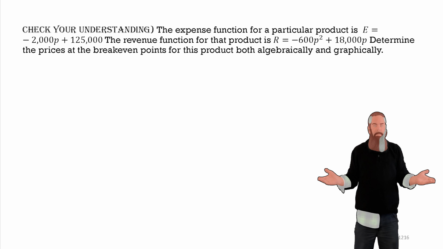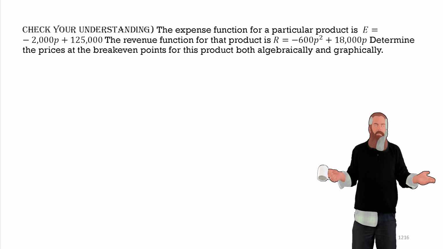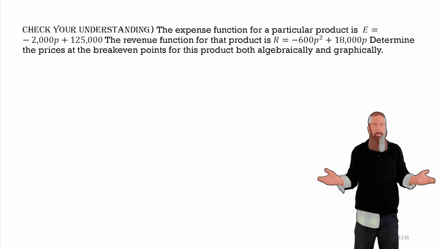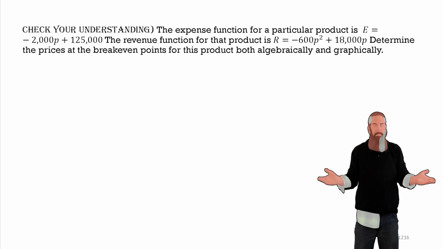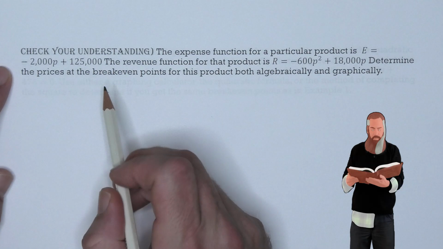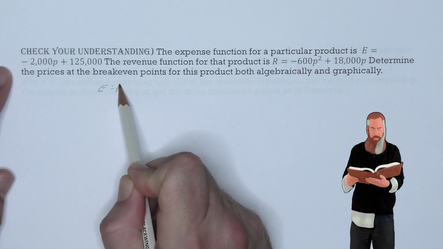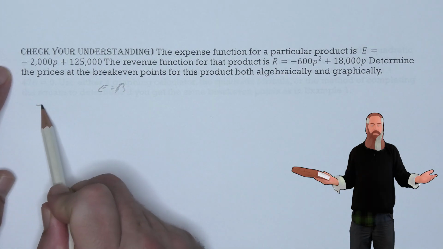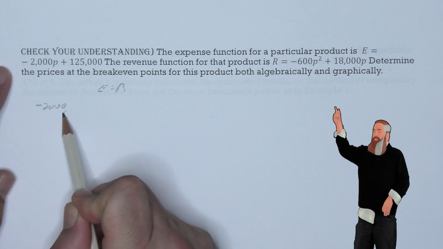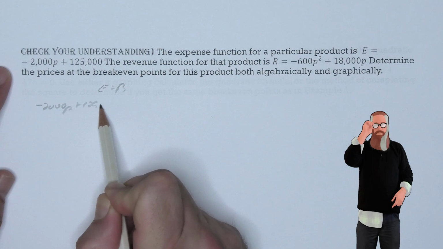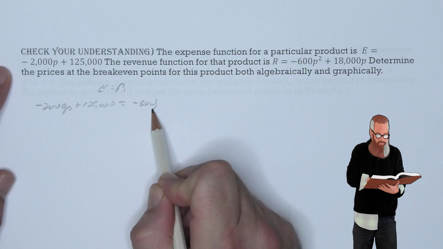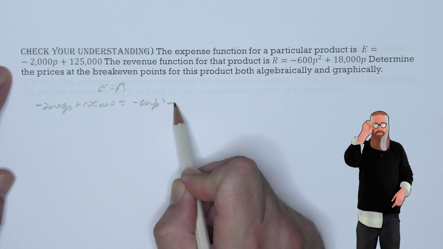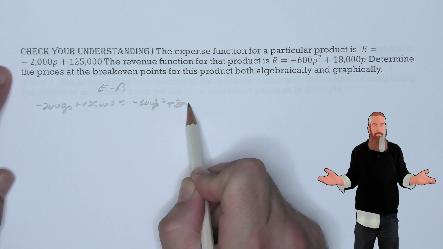The expense function for a particular product is given here. The revenue function for that product is also given here. Determine the prices at the break-even points for the product algebraically or graphically. So the first thing we're going to do is set E equal to R, which means writing both equations: negative 2,000p plus 125,000 is equal to negative 600p squared plus 18,000.